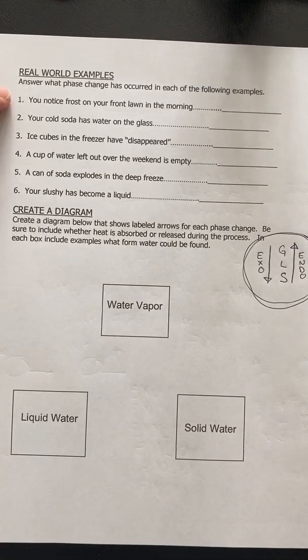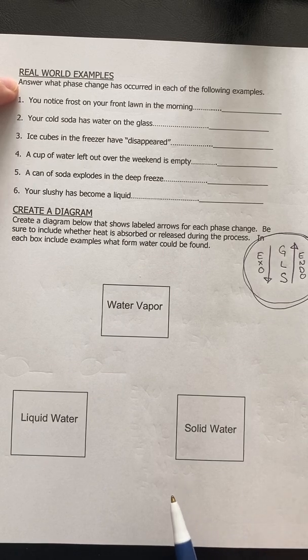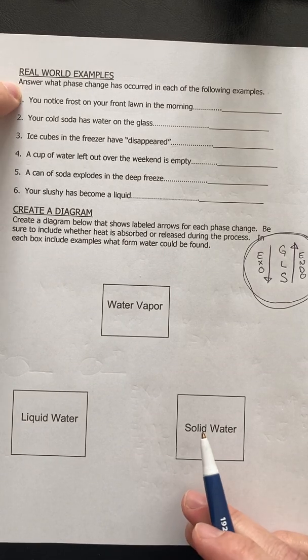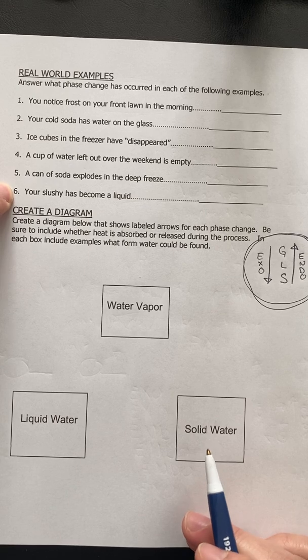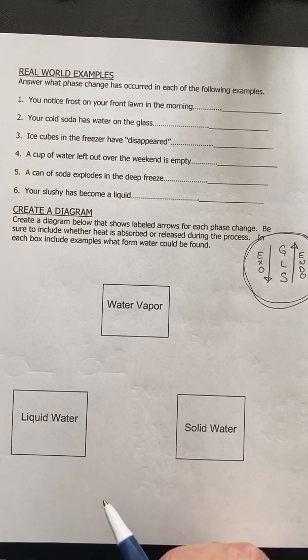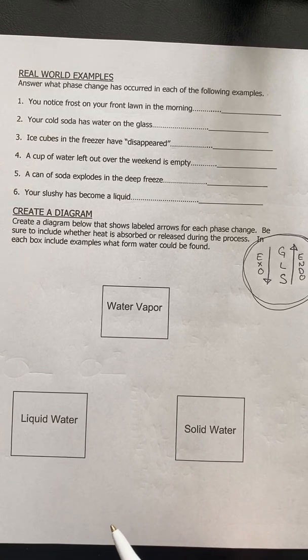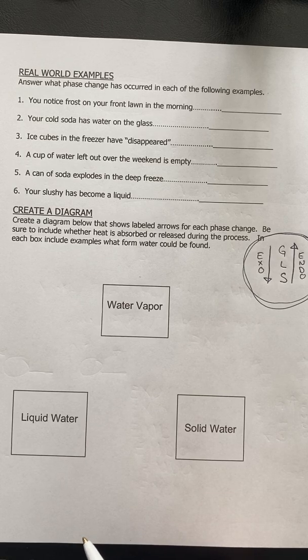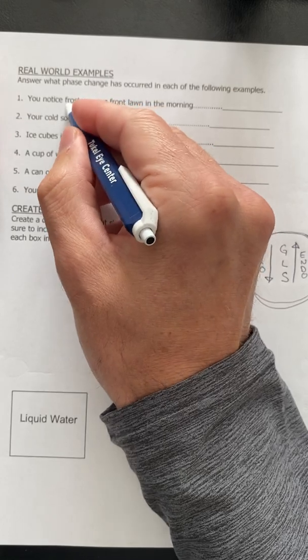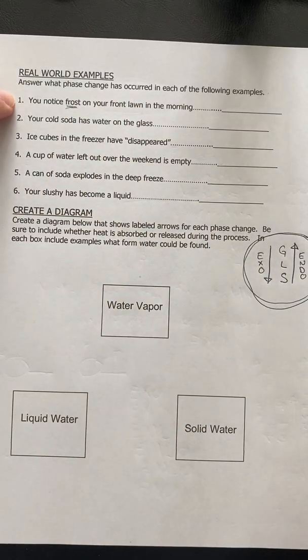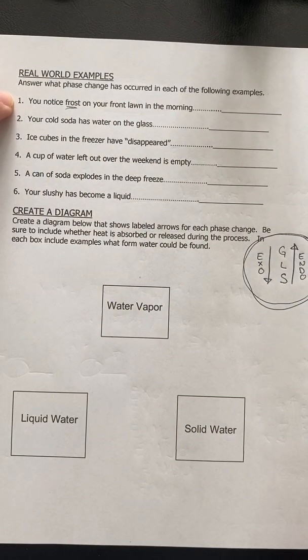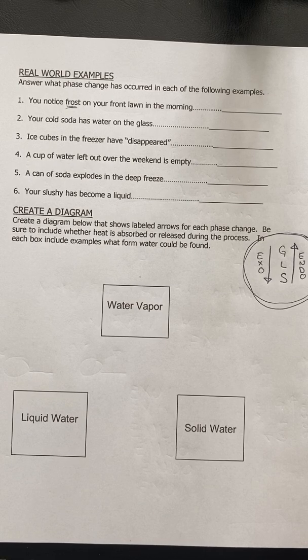So to wrap this up here, we got to answer what phases occurred. And I just gave you some real world scenarios here. So we're in the end of September when this video is being made. This weekend, we had some frost warnings, which meant there was going to be some frost that formed a little bit early, but nonetheless, I think we've all experienced frost, either when you go out and there's crystals, ice, snow, whatever you want to call it, on the grass or maybe on a windshield of a vehicle.